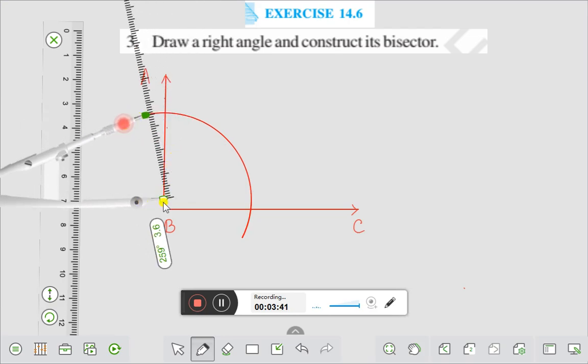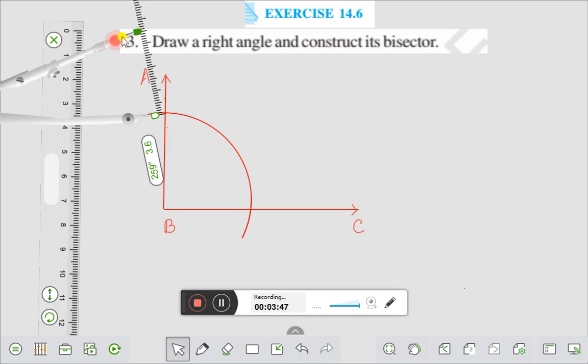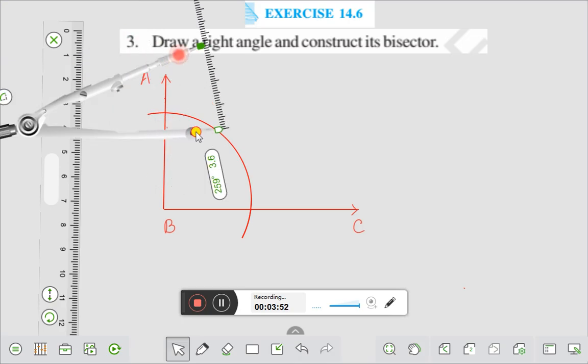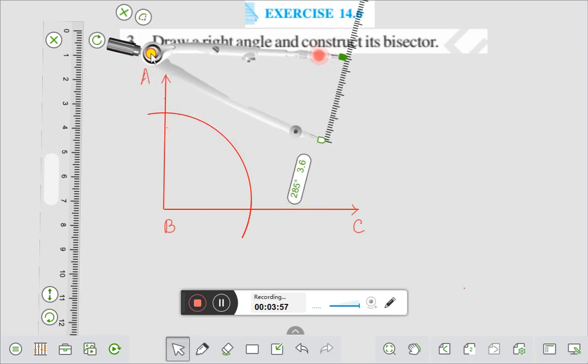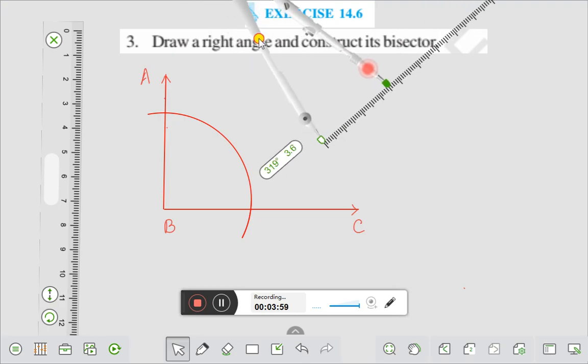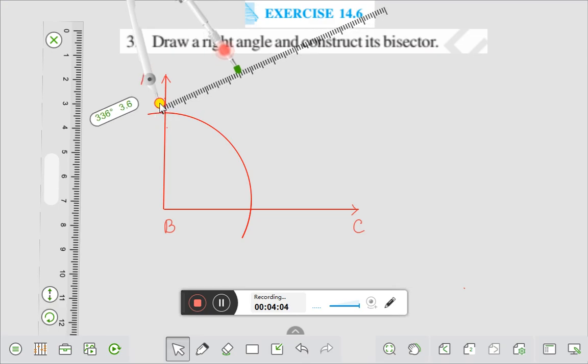Now take this pointer at this position and make another arc. Let us take this pointer at this point and make an arc again. You can increase this one and make an arc again.